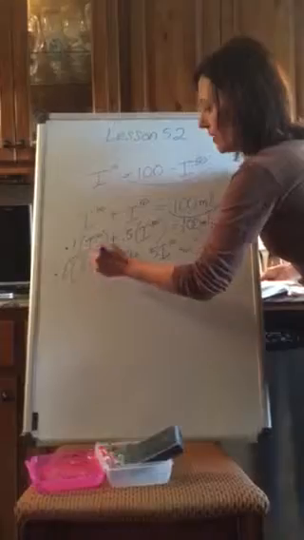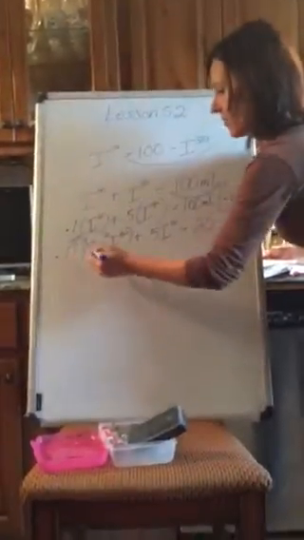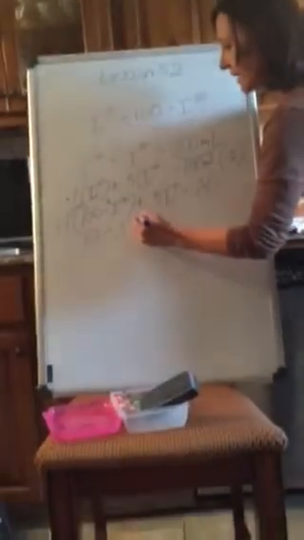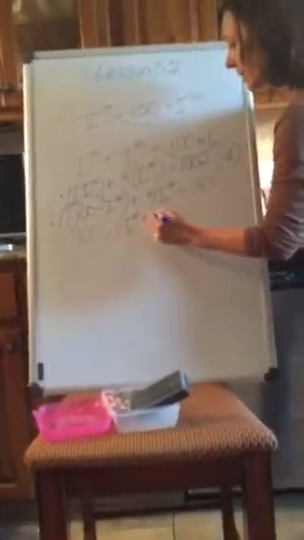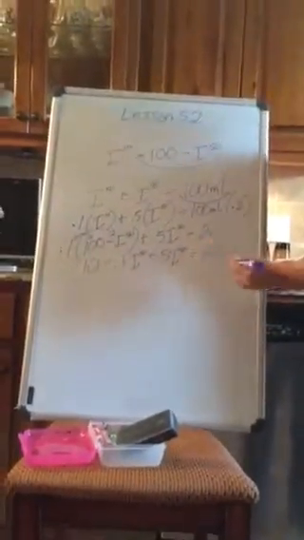I distribute my 0.1, and I have 10, that's 0.1 times 100, minus 0.1 of the iodine 50, plus 0.5 times the iodine 50 equals 20.